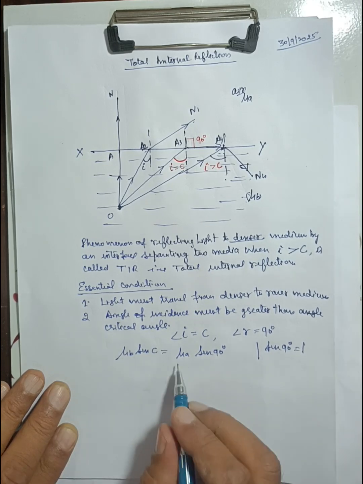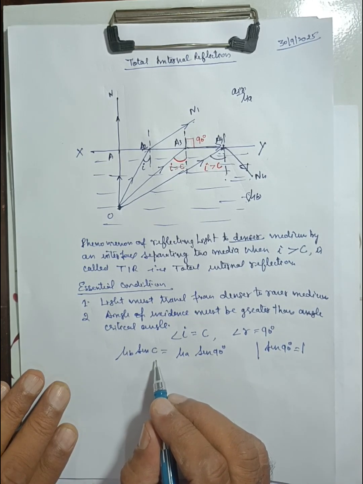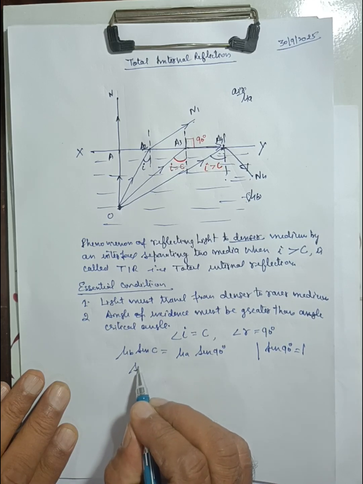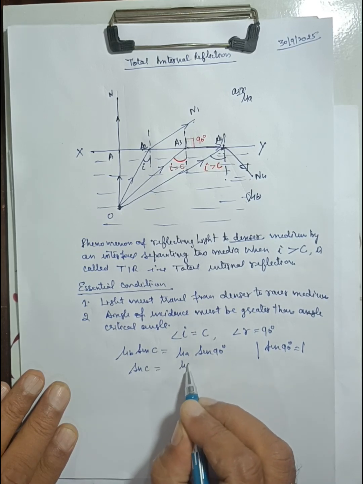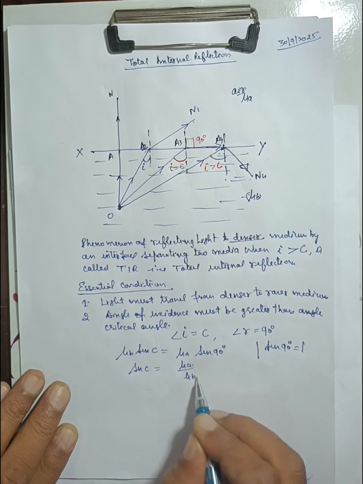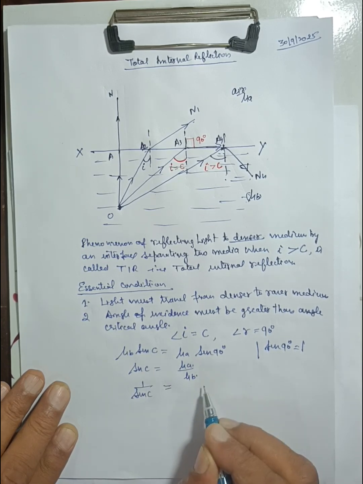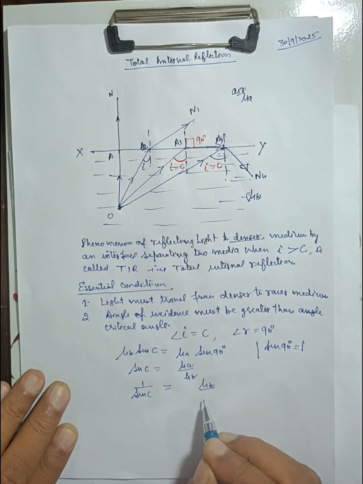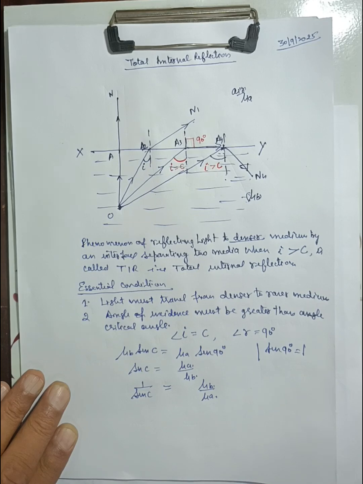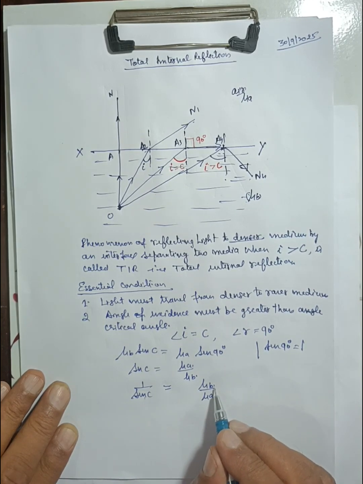So immediately we can write sin C equals mu A upon mu B, or 1 upon sin C equals mu B upon mu A. So this is the refractive index of medium B with respect to A.